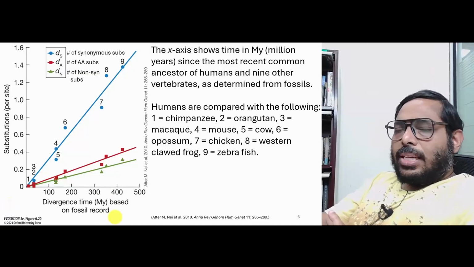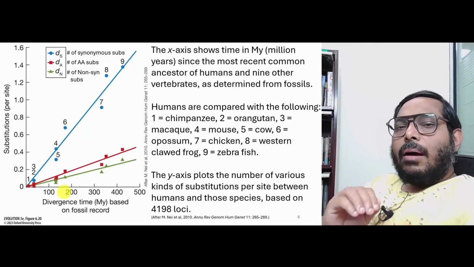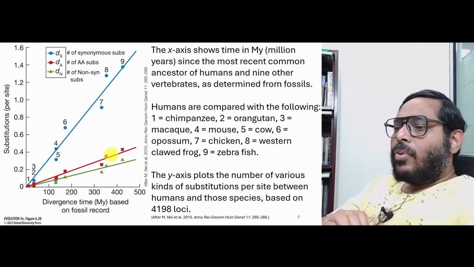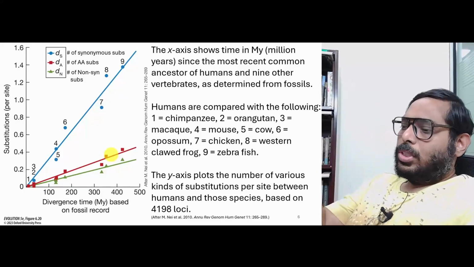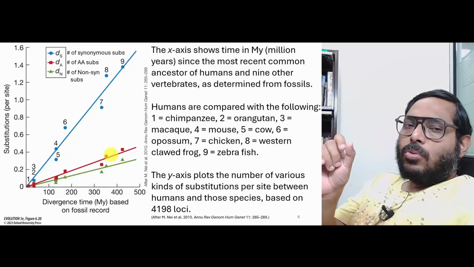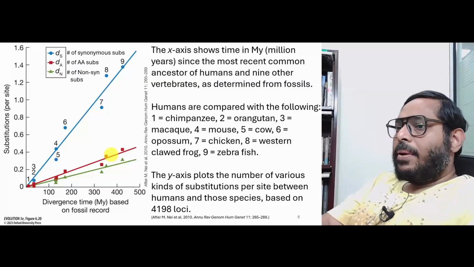Now, that is on the x-axis. On the y-axis, you have the number of various kinds of substitutions per site between humans and those species, and this is not based on 1 or 2 genes, this is based on about 4,200 loci, right.